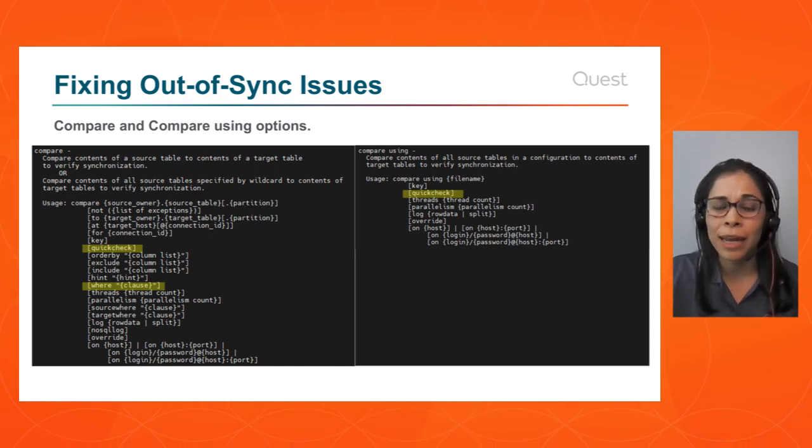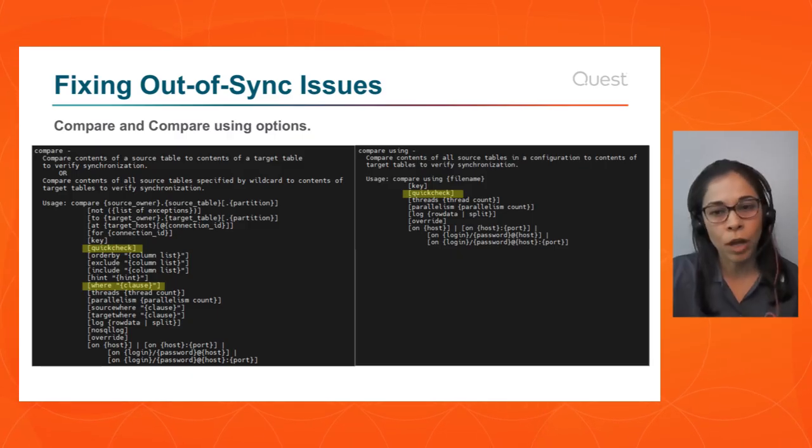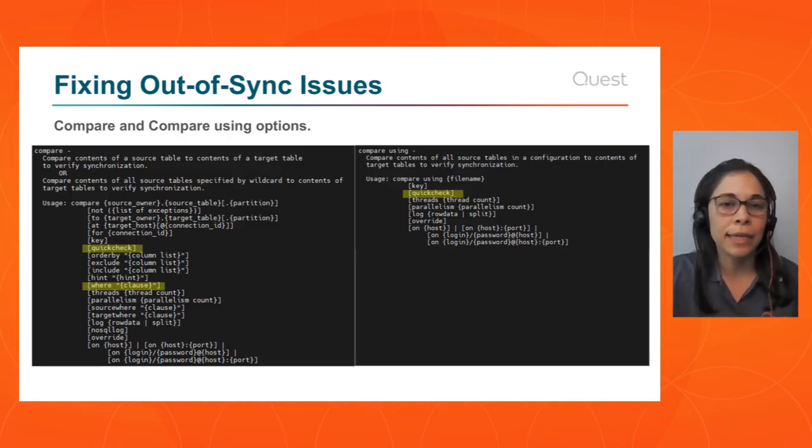As soon as it finds any out of sync, it's going to stop and tell you that the table is out of sync. It's very useful for large tables, or if you want to run a compare for all the tables in the replication, or maybe a group of tables. So it's very quick, and it's going to tell you the tables where it finds any out of sync issue.